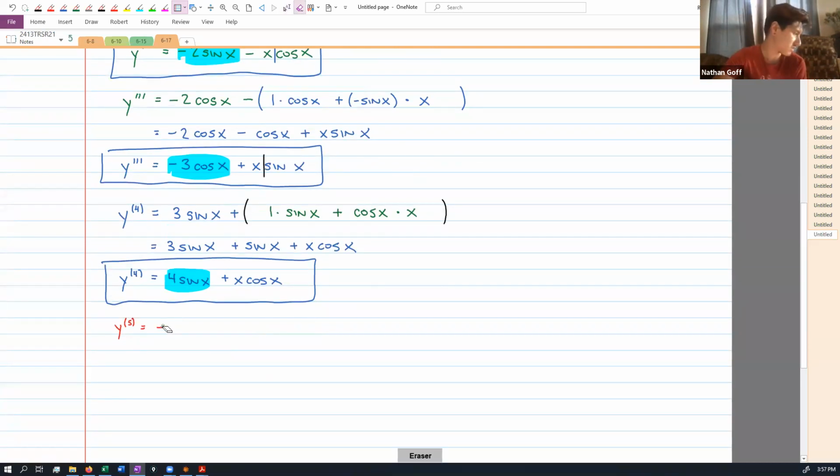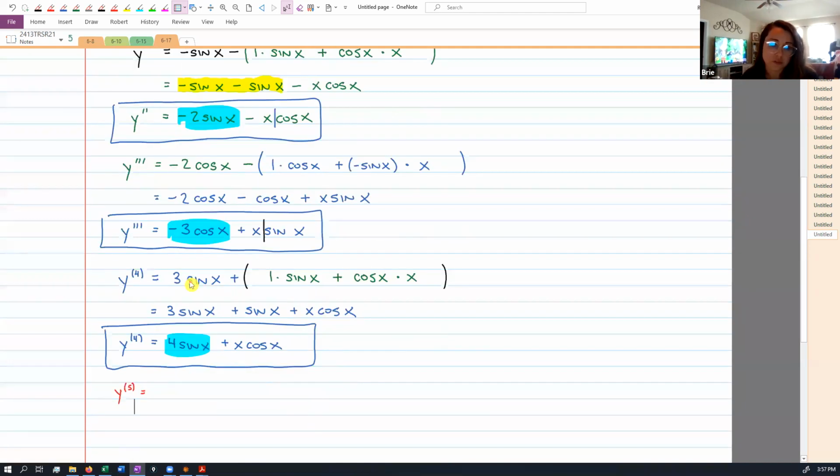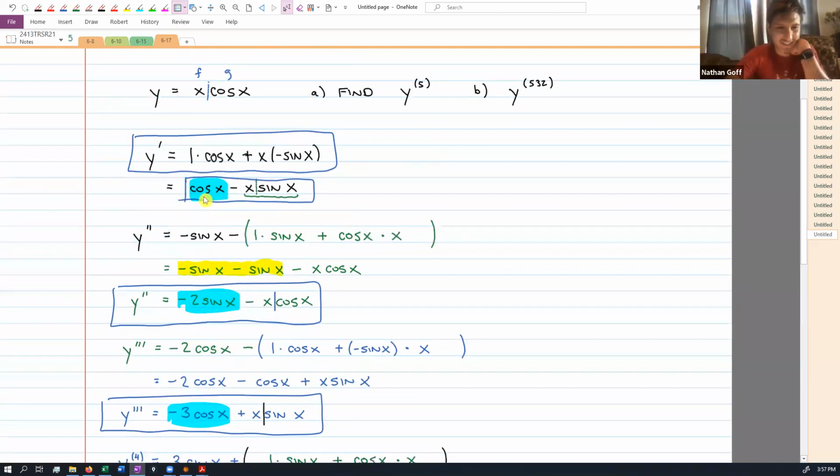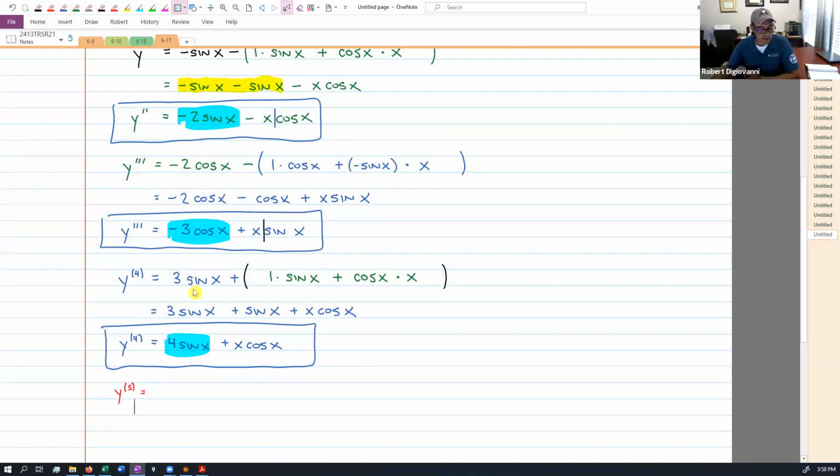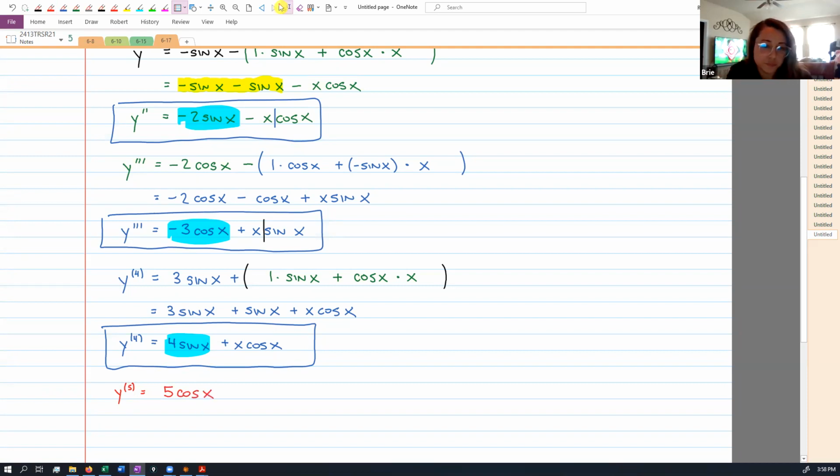I think it goes positive, negative, negative, positive, negative, negative. The next one was positive, and then if we take the derivative of that, we should get a positive, right? So I'm guessing that the next one's going to be a 5 cosine of x.